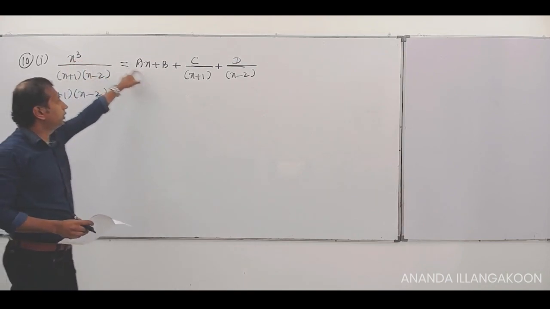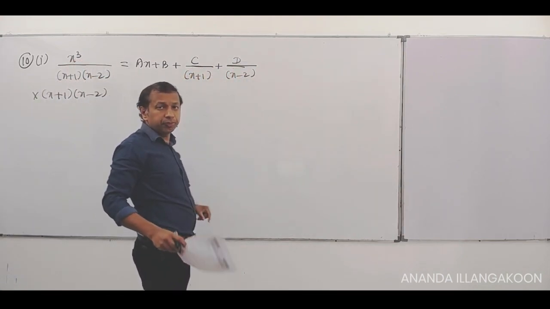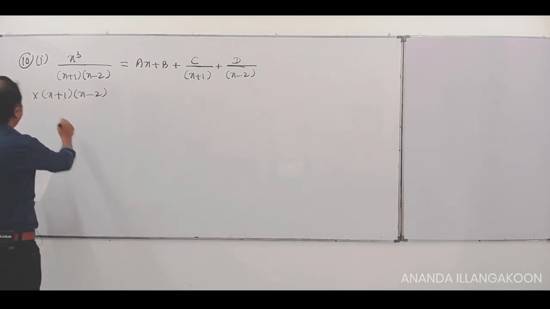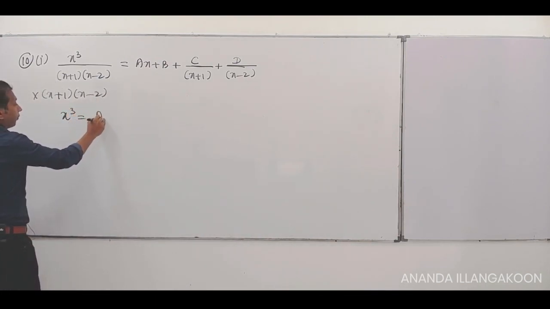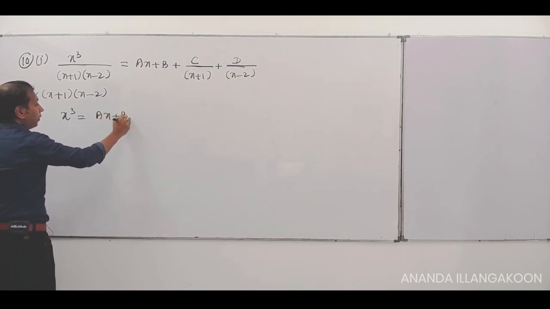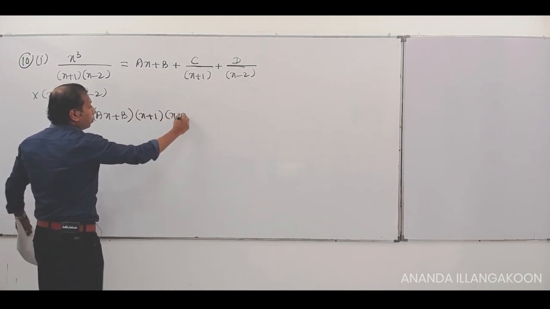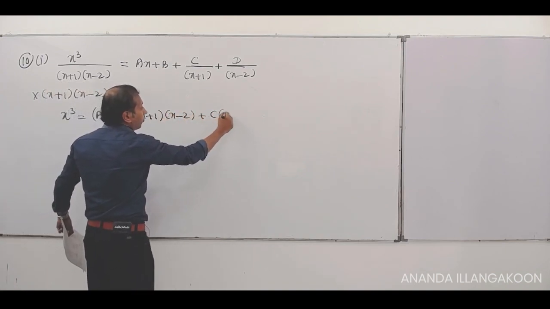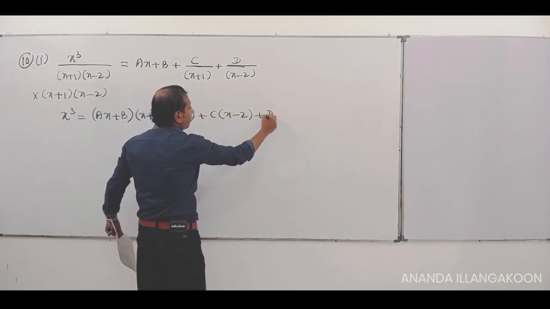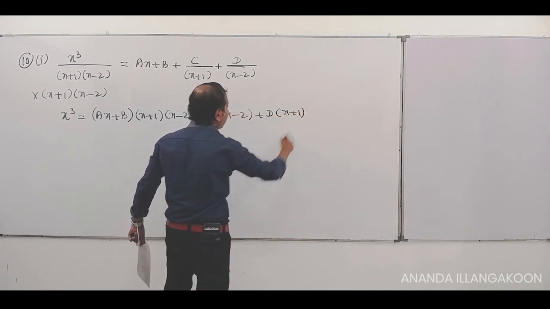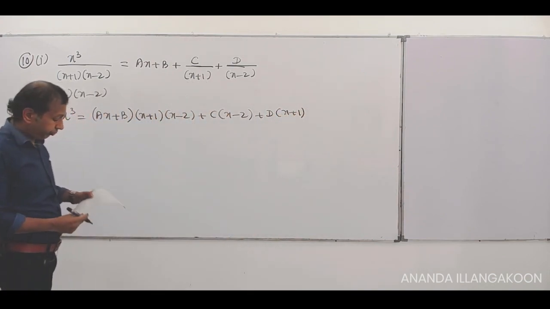We multiply this term, this term, this term, this term. Then what we get? Here we get x cube. Here we get (ax plus b) times (x plus 1)(x minus 2), plus C times (x minus 2), plus D times (x plus 1). We need to find a, b, c, d.